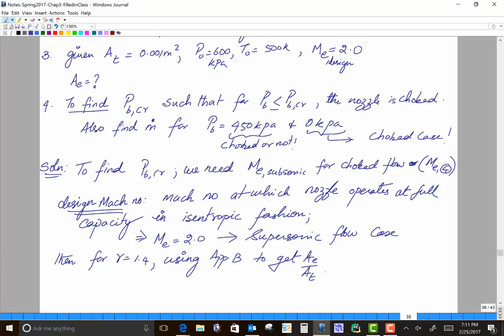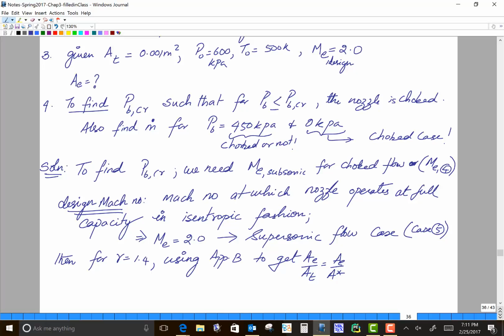This is choked flow, so AE by AT is the same as AE by A star, because ME equals 2 can occur only when the flow is choked. Let's call this case 5 in our graphic that we developed in the earlier lectures. So this corresponds to case 5.